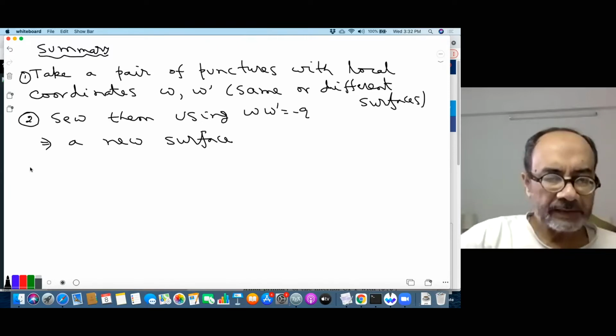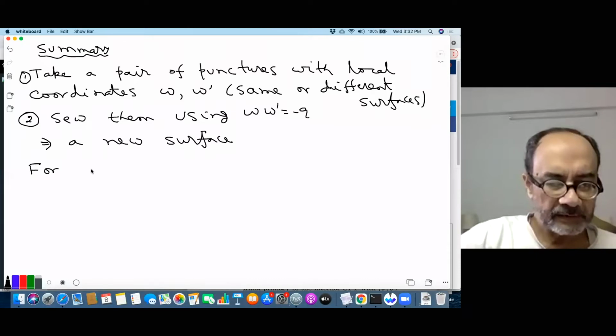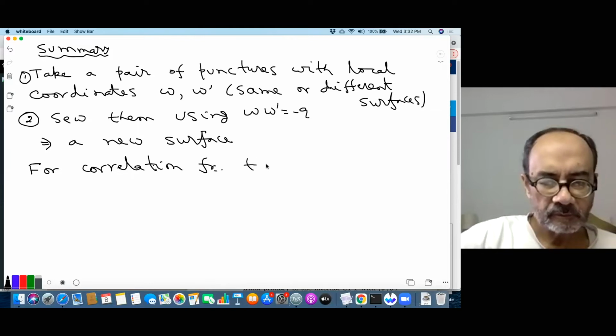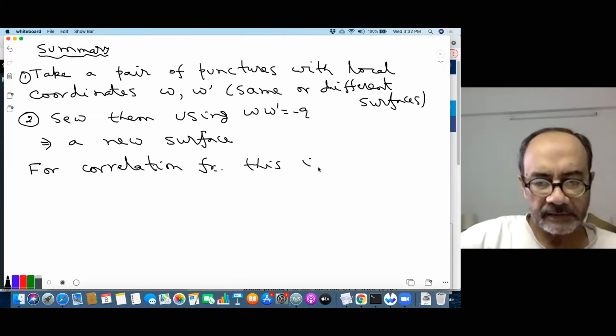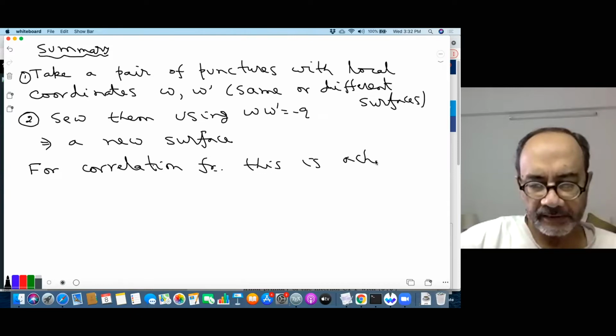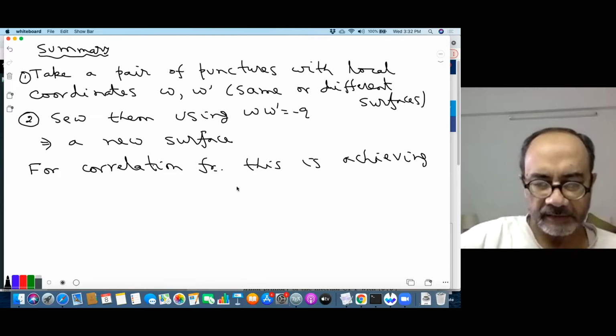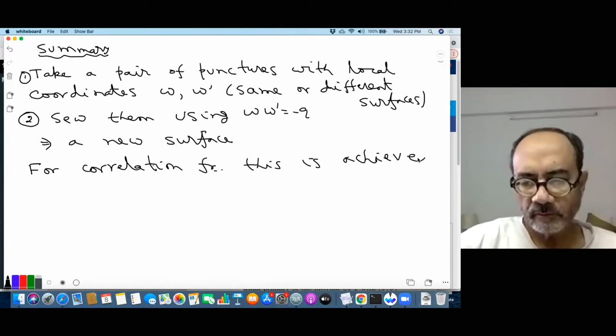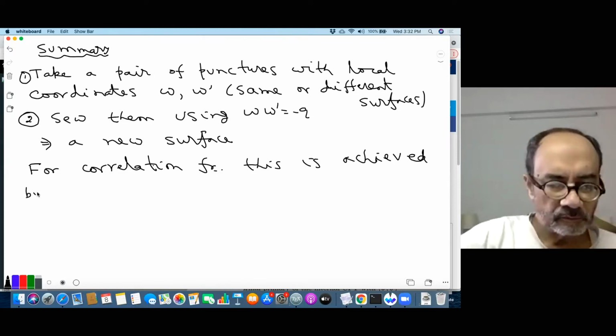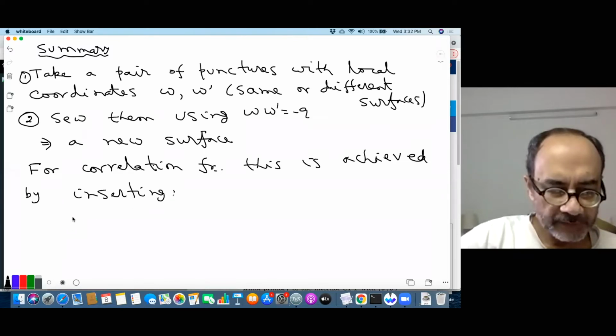On the other hand, for the correlation function, this is achieved by inserting a certain quantity, inserting the following object.